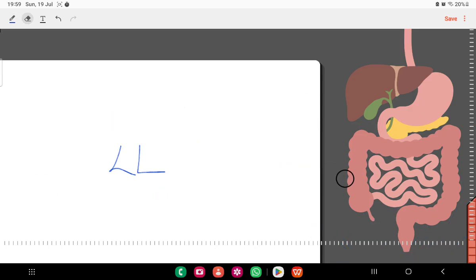Why not? So the small intestine, it is the longest part in our body. It stretches up to, guess what, 9 meters. 9 meters. You imagine that.